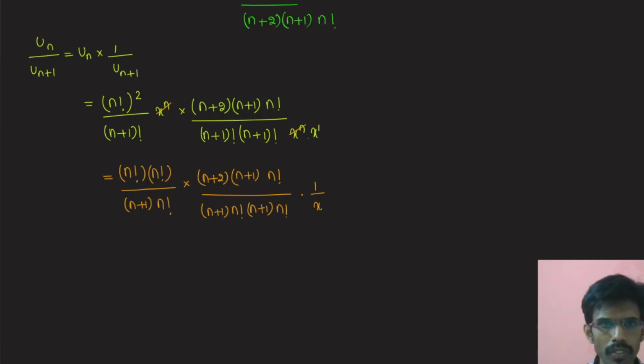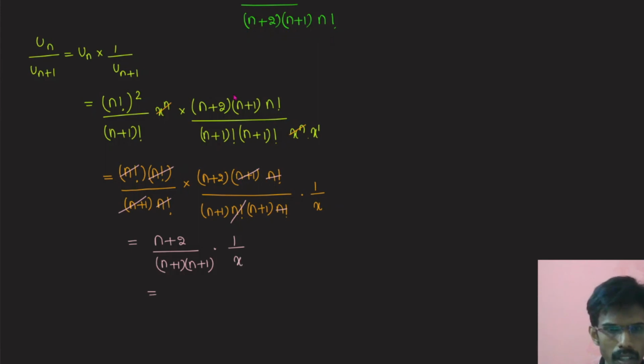Now this will get cancelled: the n factorial, the n plus 1. We are left with n plus 2 divided by n plus 1 into n plus 1, into 1 by x, right? If I take n common from the numerator, we have n into 1 plus 2 by n.